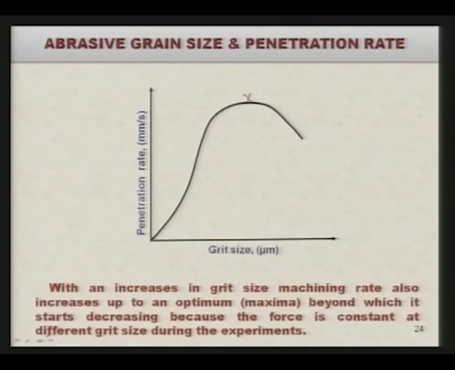Here machining rate means penetration rate, which increases up to an optimum value where you are getting the maxima, beyond which it starts decreasing because the force is constant at different grit sizes during the experiment. So, as the grit size increases, the penetration rate starts decreasing beyond the optimum value.